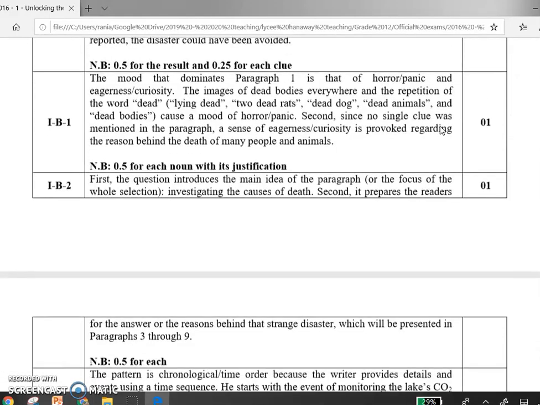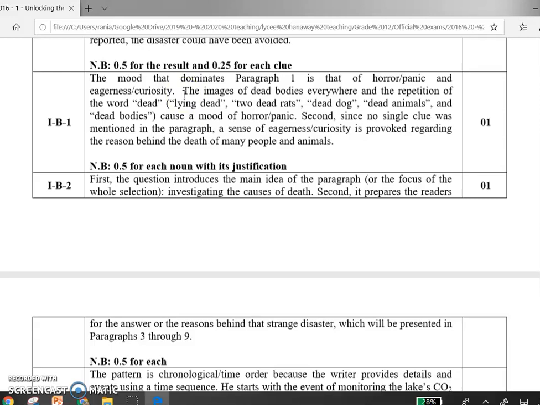So the mood that dominates paragraph 1 is that of horror and panic and eagerness and curiosity. Okay, how did we know that? So we get half of the grade for answering the question, but we need 2 nouns. Look, when they ask you about the tone and the mood, give 2 answers, give 2 words.